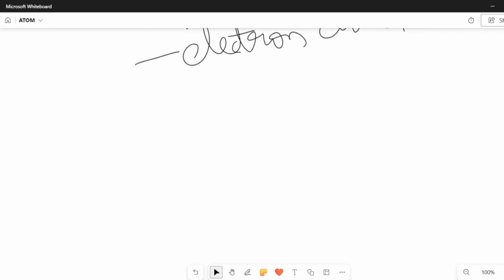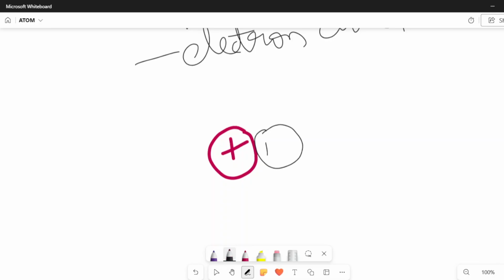So I'm drawing the center part. It consists of protons and neutrons. Neutrons have no charge and protons are positively charged.